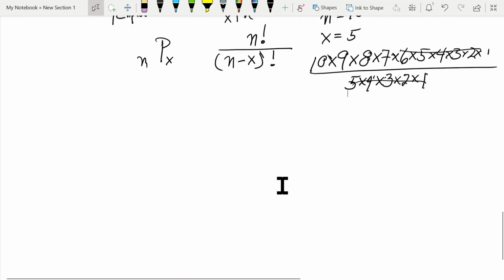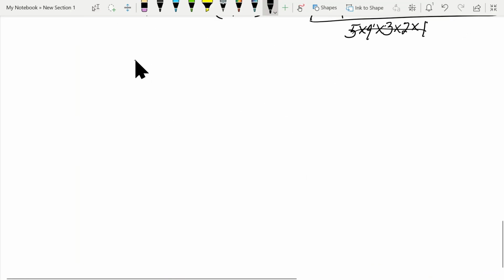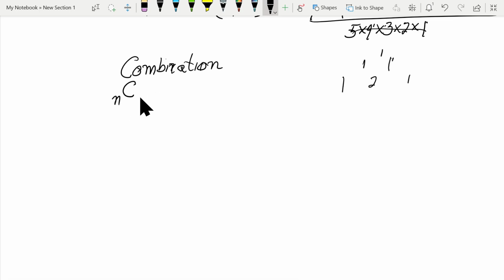And this is a combination. Combinations x, and this is n things taken x at a time without regard to order. The order doesn't matter. ABC is the same as CBA.